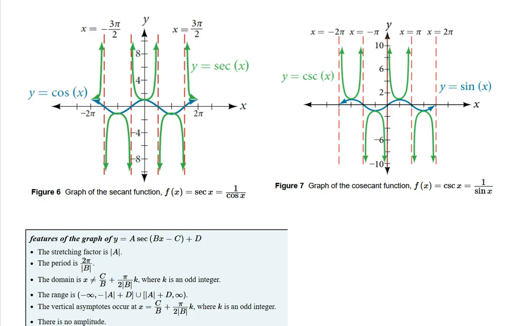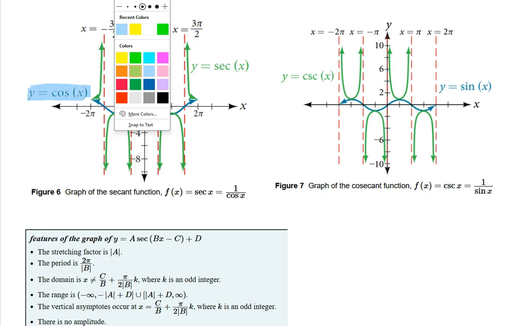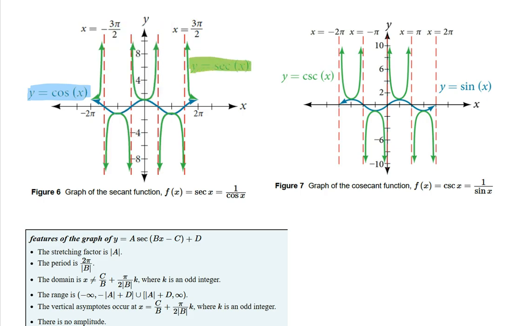And they're showing you in the blue graph the cosine, which is the blue curve, and then with the green lines, the secant, and they're reciprocals of each other, because that's what they're reminding you down here, that secant is 1 over the cosine.